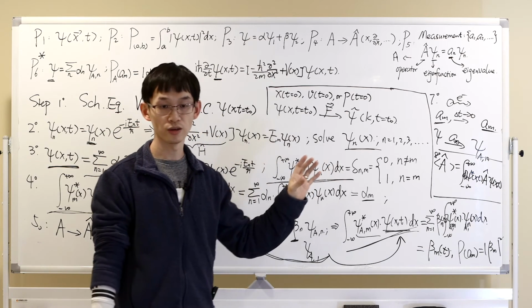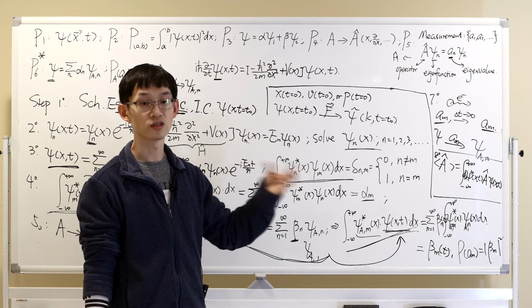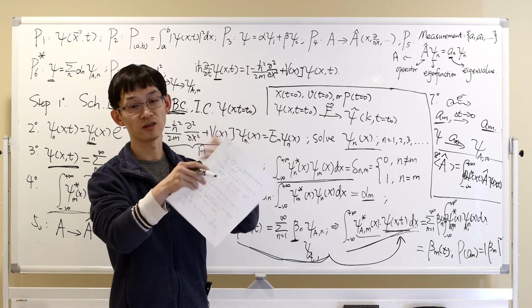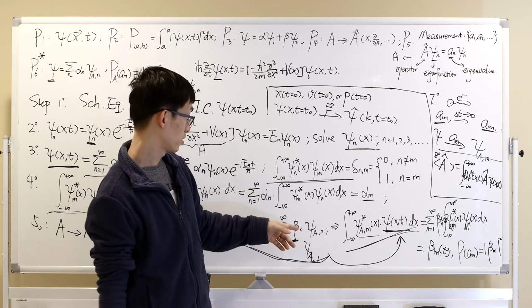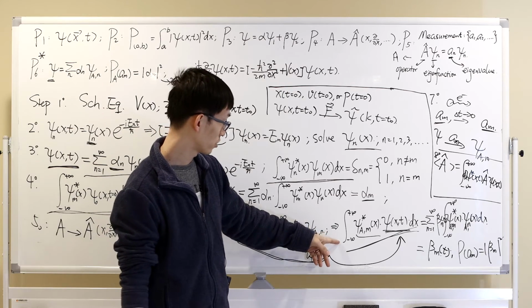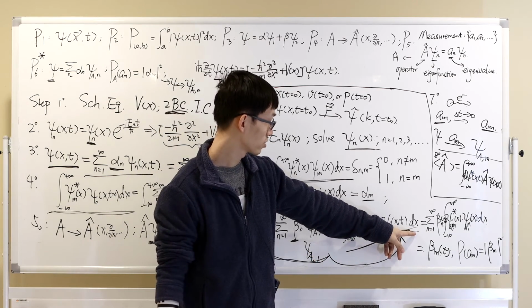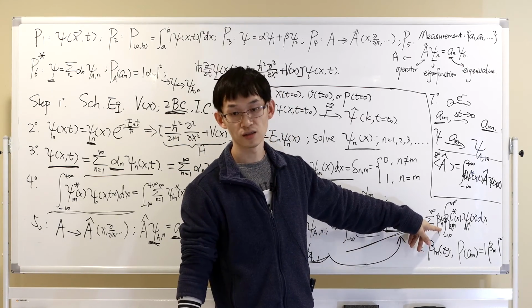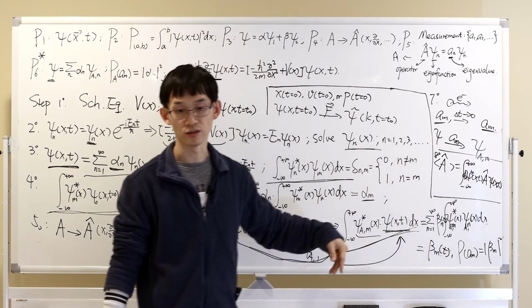And we know that you can change the order between sum and integral, because basically they're all just sums. And then you see that the integral is over position x, while beta is not a function of x, so the beta can come out of the integral.